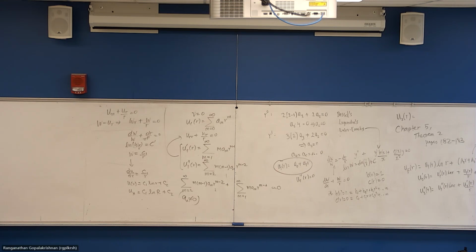I want you to try this or complete this, and I'll try to complete this and post the handout. So this problem, as well as the other problem on u_rr plus 1 over r u_r plus u_theta theta over r squared equal to 0, where you get a boundary condition like u of r, theta equal to f of theta.